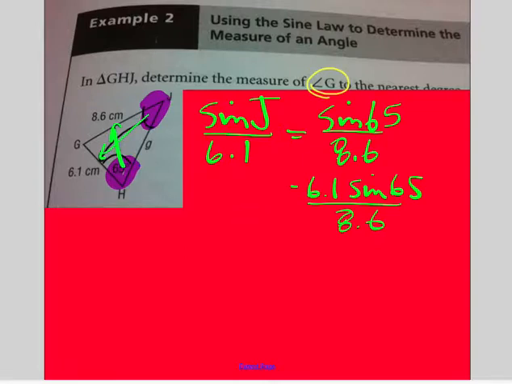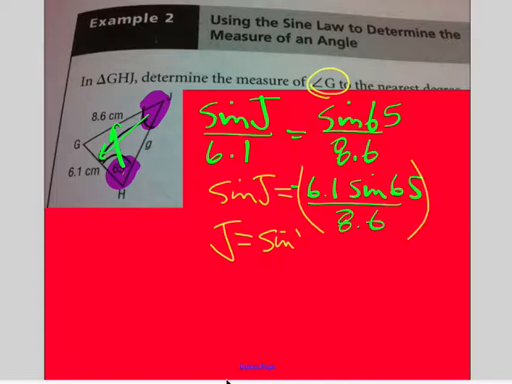When I've got this situation where I'm looking for the sine of a number, instead of sine of j equals this, I'm going to look for j, which would be the second function of sine of this fraction. So I'm just going to replace this so I don't have to rewrite it.